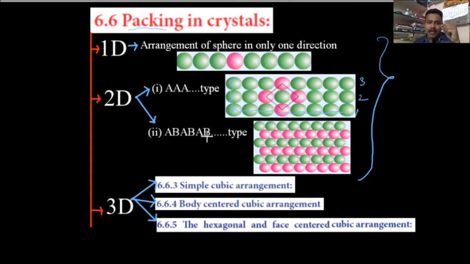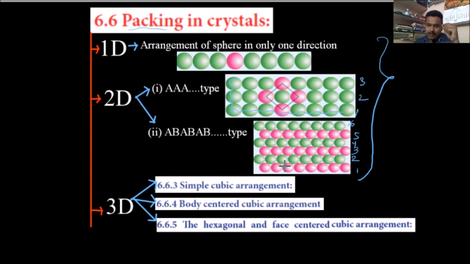Then ABAB type, see here. Similarly, here is the first row, then second, third, fourth, fifth, sixth. This is our diagram. In the first row, atoms are arranged in one direction. After that there are depressions in the first row.